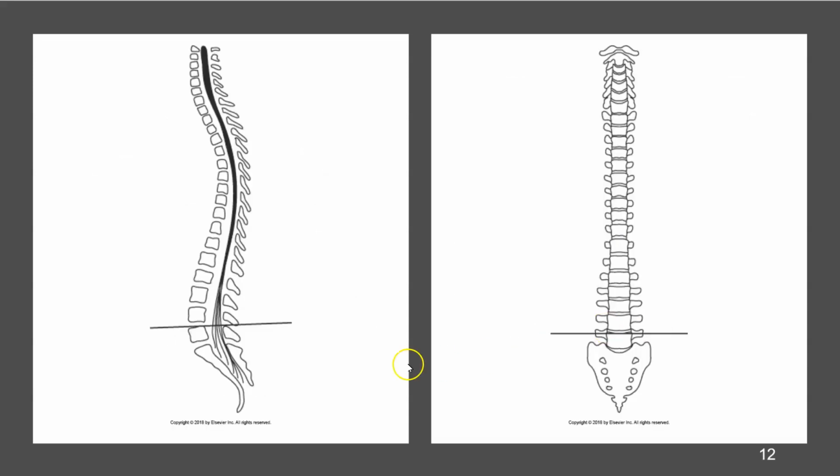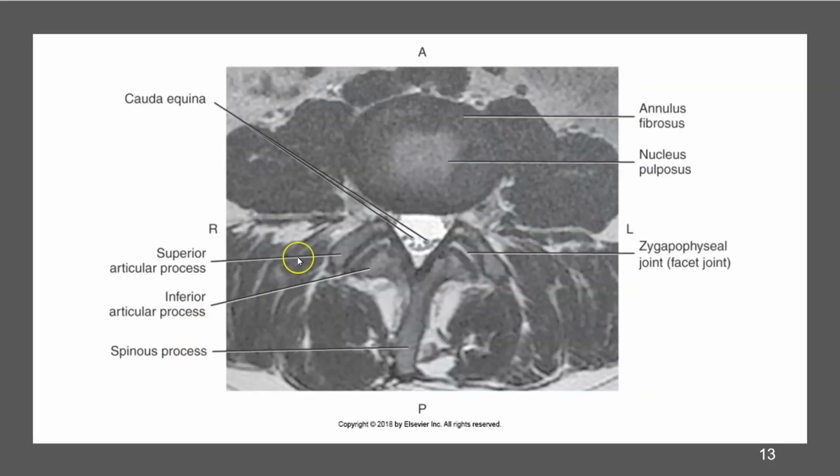Looking here, we're at L5 at the end plate. We can see the annulus fibrosus and the nucleus pulposus, which is the jelly-like material. The annulus fibrosus is the tough outer skin of the disc, and the nucleus pulposus is the jelly type. You can see the zygapophyseal joint right there is nice and bright.